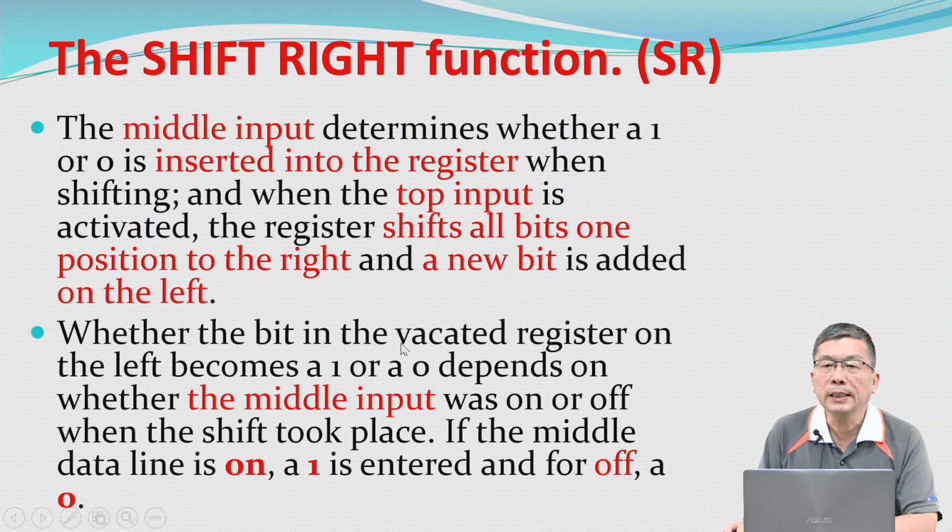Whether the bit in the bracketed register on the left becomes 1 or 0 depends on whether the middle input was on or off. When the shift takes place, if the middle data line is on, a 1 is entered, and for off, a 0.